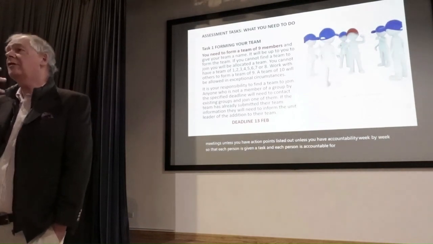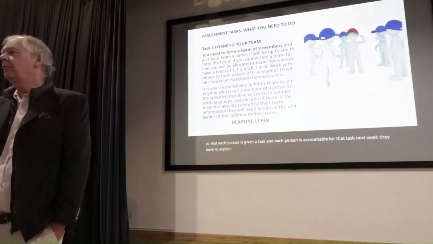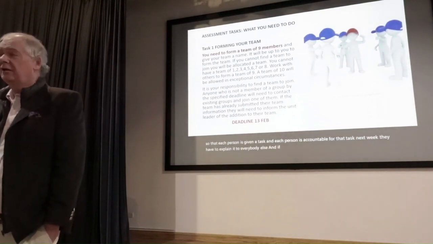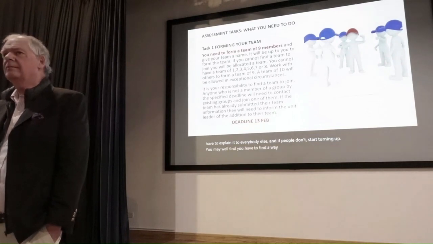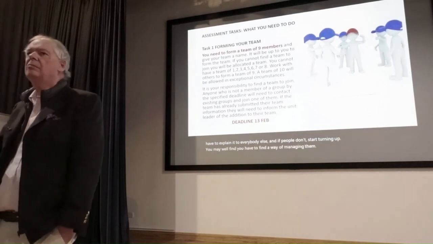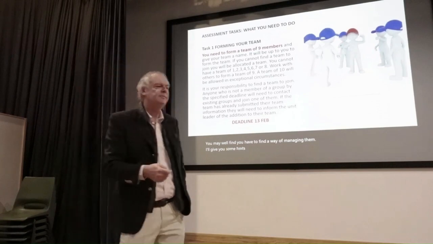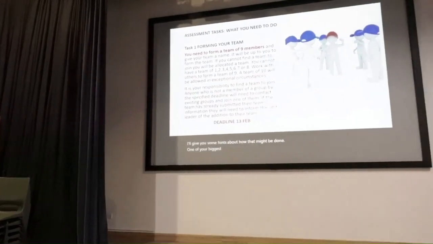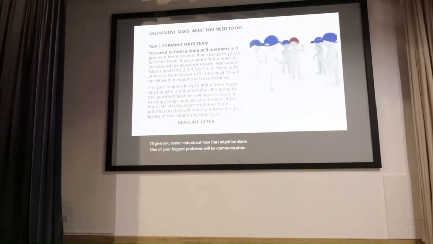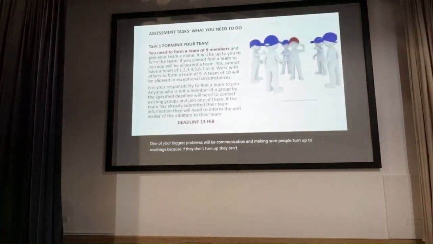Next week, they have to explain it to everybody else. And if people don't start turning up, as you may well find, you have to find a way of managing that. I'll give you some hints about how that might be done. One of your biggest problems will be communication and making sure people turn up to meetings, because if they don't turn up, they can't be communicated with.